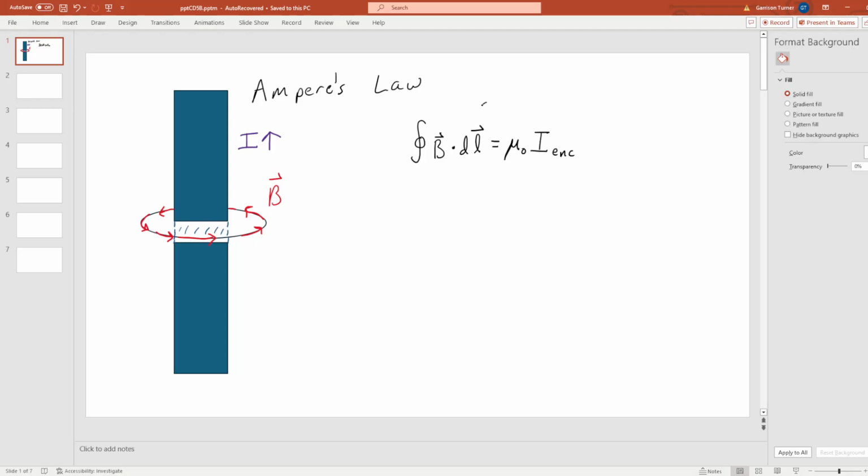First things first, this dl here is a path length along an arbitrary loop, and we call that loop the Amperian loop.